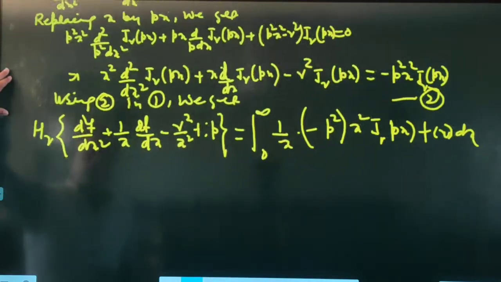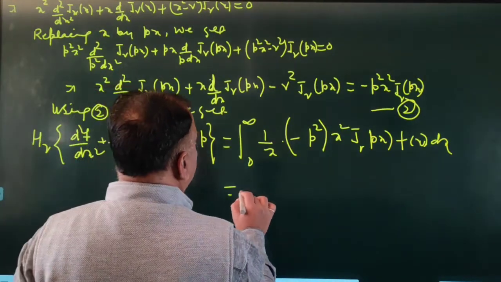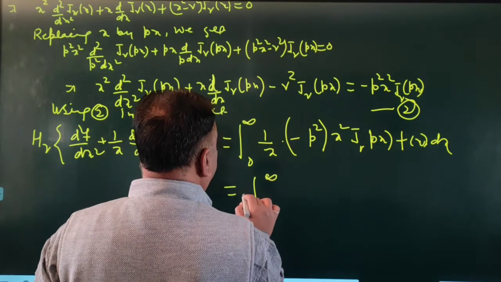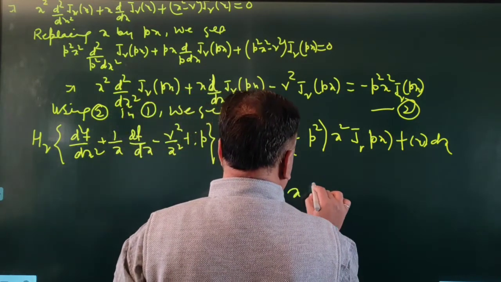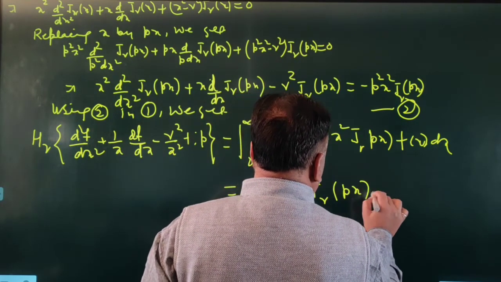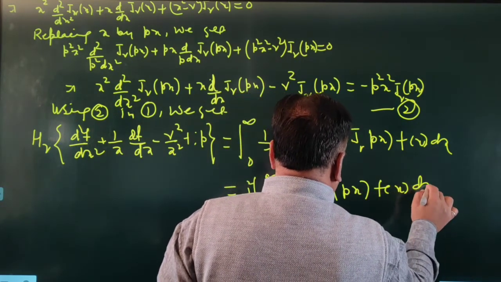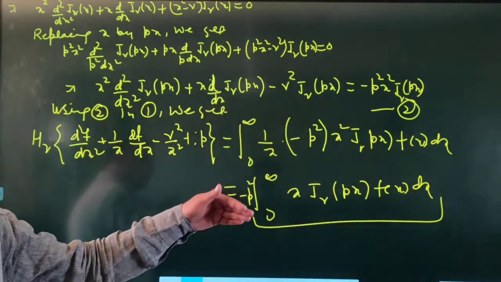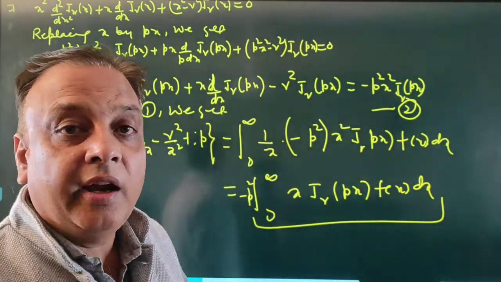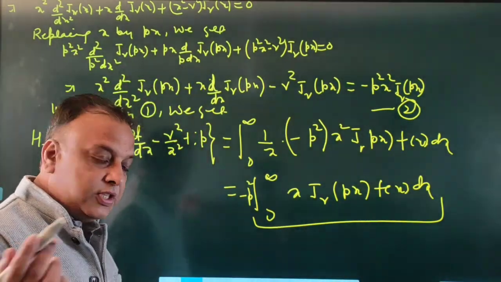Or we get the integral from 0 to infinity, with minus p square outside the integral, of x J nu(px) f(x) dx, and we know that the integral from 0 to infinity of x J nu(px) f(x) dx is the Hankel transform of the function f(x), which is F nu(p).